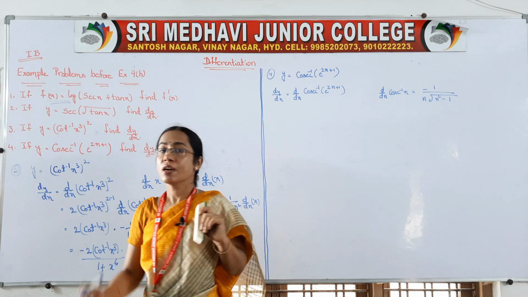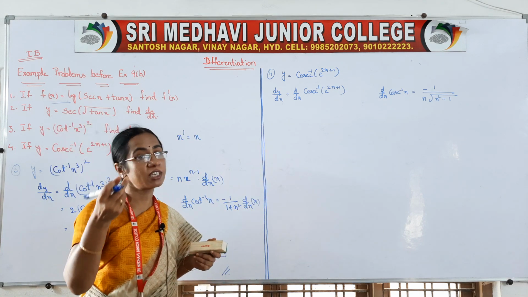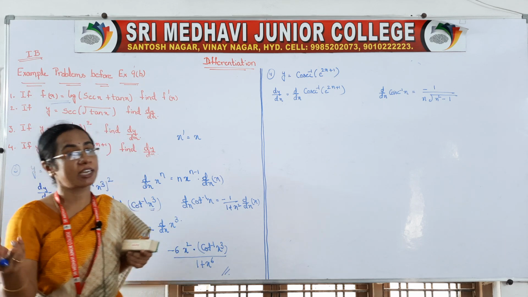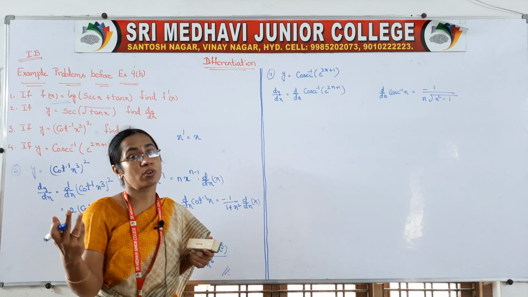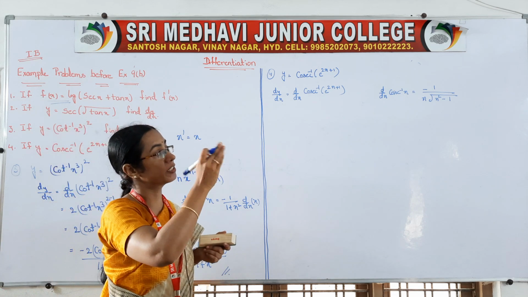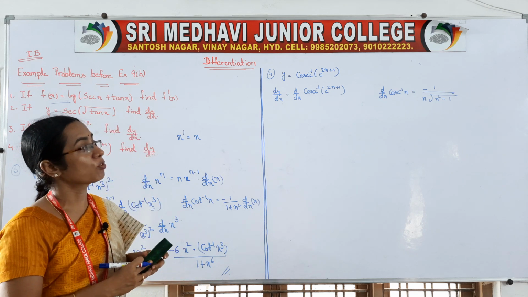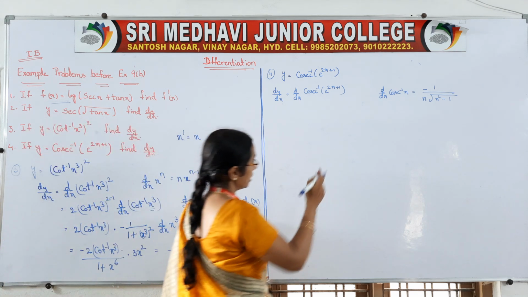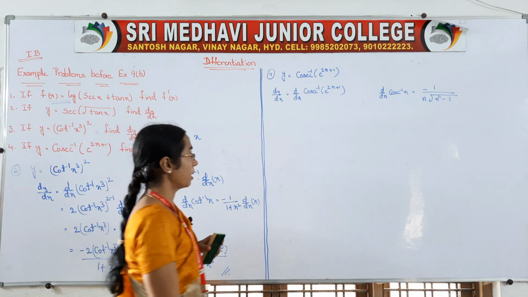What I said while taking the formulas, d by dx of all the c functions, we are getting a negative sign. D by dx of cos x is minus sin x, d by dx of cosec x is minus cosec x cot x. Like that we get all the c functions as negative values. So here d by dx of cosec inverse x is equal to minus 1 by x into root of x square minus 1.